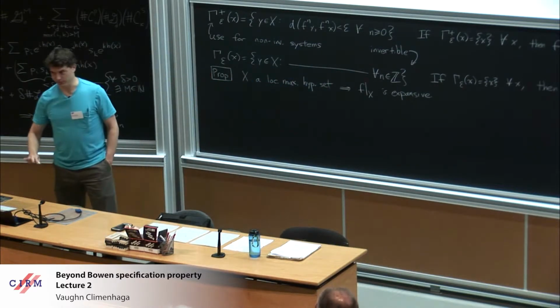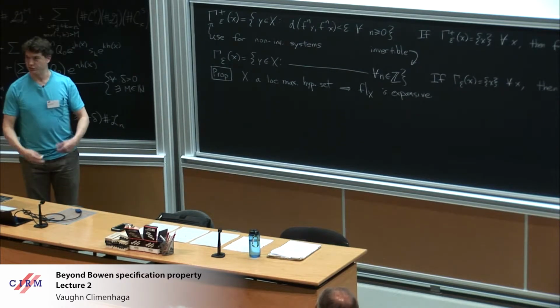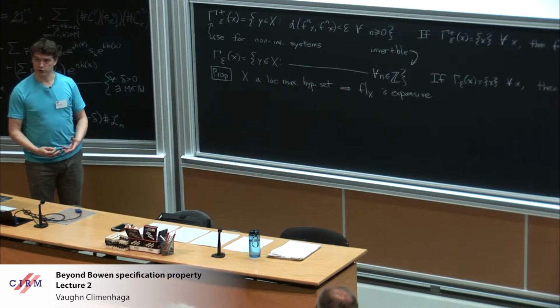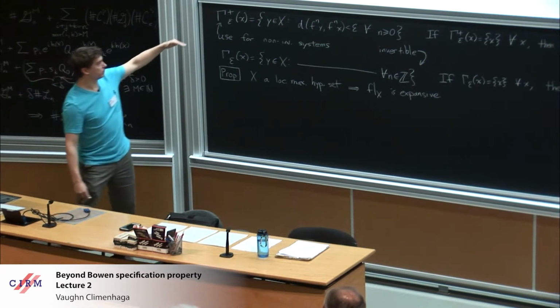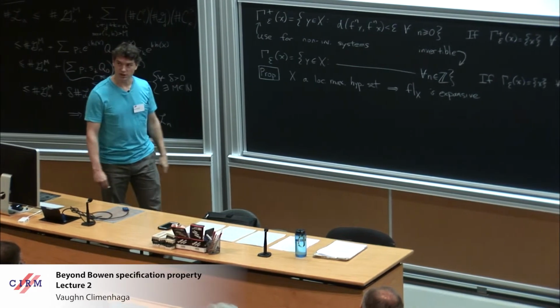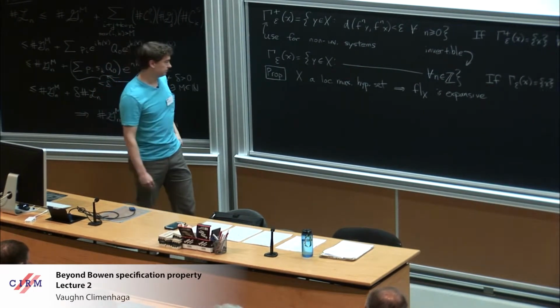And the scale at which it's expansive depends on the scale at which you have a local product structure, and that's it. So that's a standard thing. It just follows from what I said about the local stables and unstables being given by these sets.